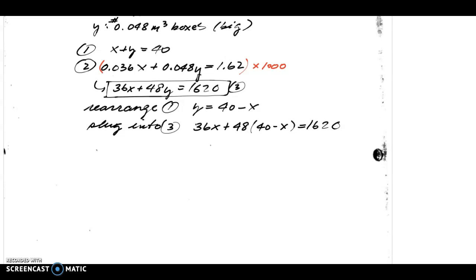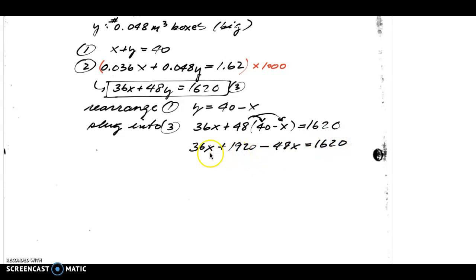This is going to be 36x plus, oops, I got 48 times. So you need to distribute this, here and here. This is going to be 48 times 40. That's 1920 minus 48x equals 1620.